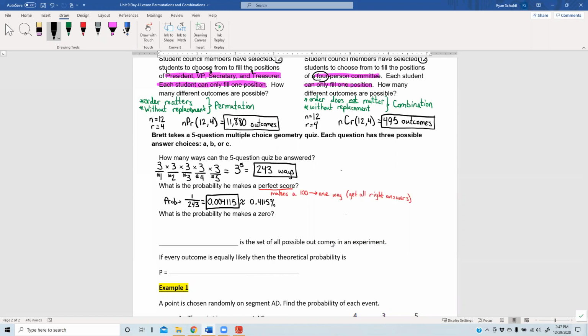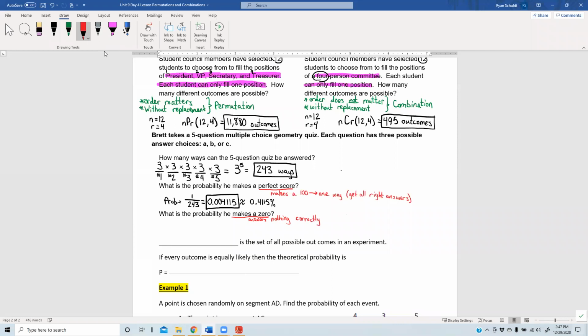Then they flip it on us. What's the probability he makes a 0? Well, making a 0 means he answers nothing correctly.